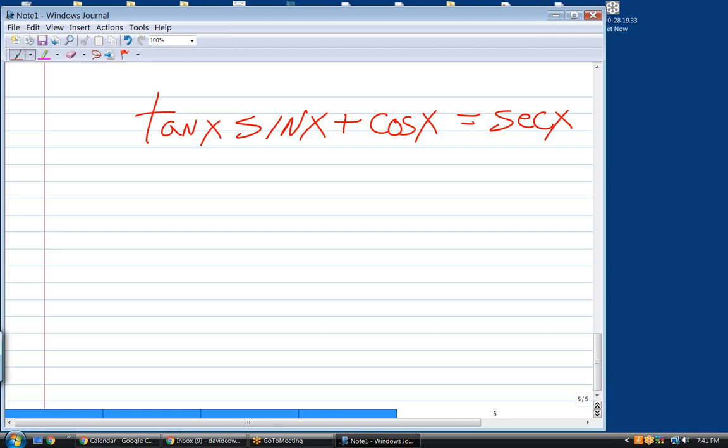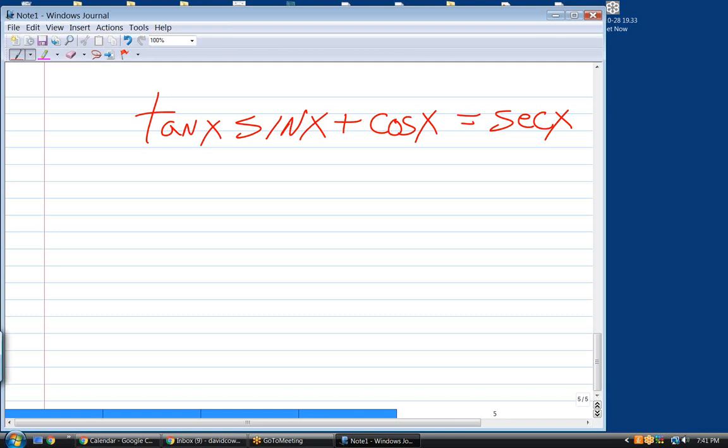Now, unless there's something pretty unusual about the equation, one of the good methods to try is to convert everything to sines and cosines and go from there. They give you about 5 rules as to how to do these. And one of the rules is you can't treat it like an algebra equation.